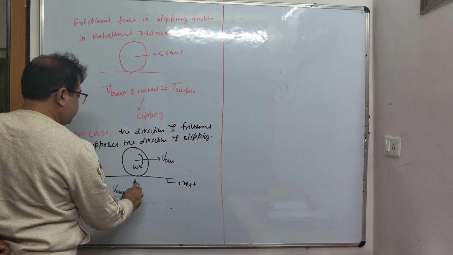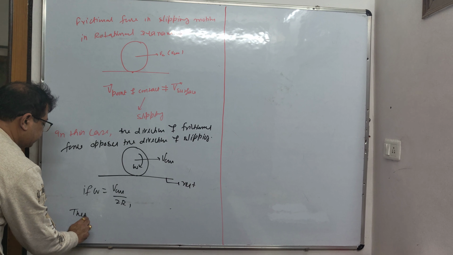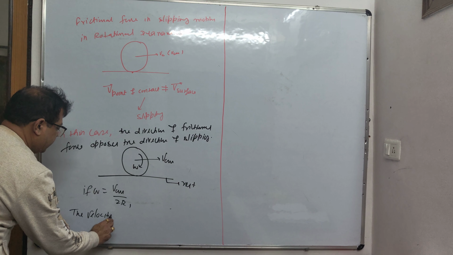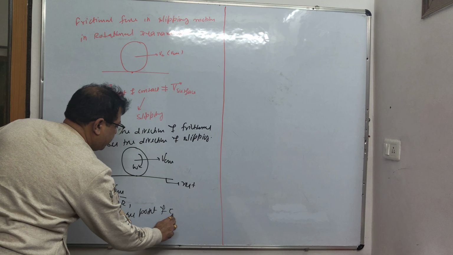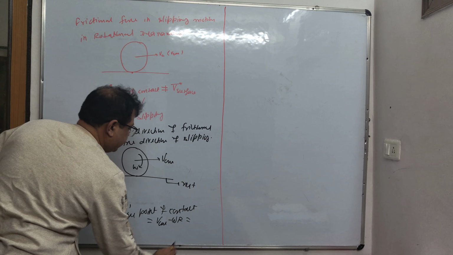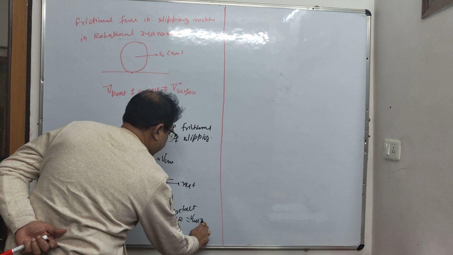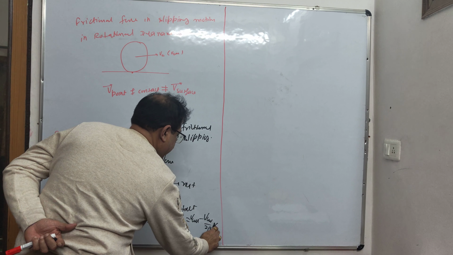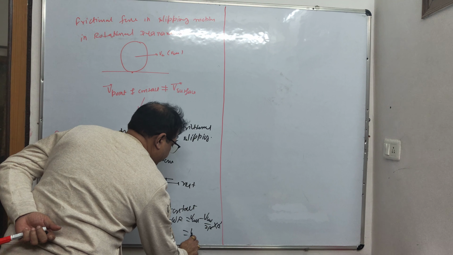Then the velocity of the point of contact is equal to VCM minus omega r. So this is VCM minus VCM by 2r into r, so this is VCM by 2.